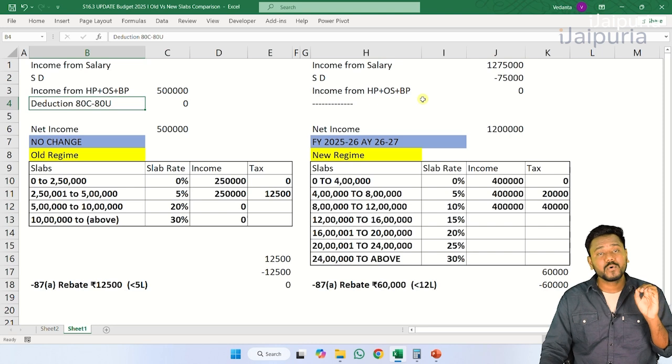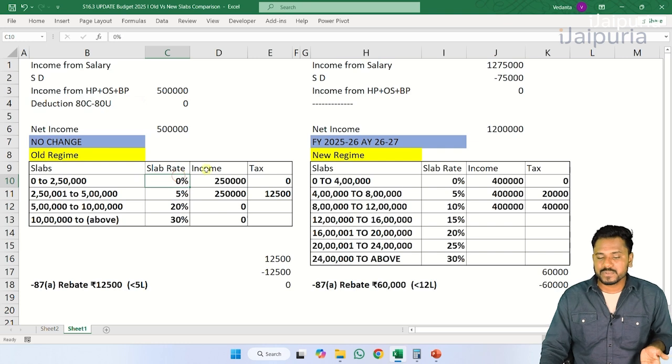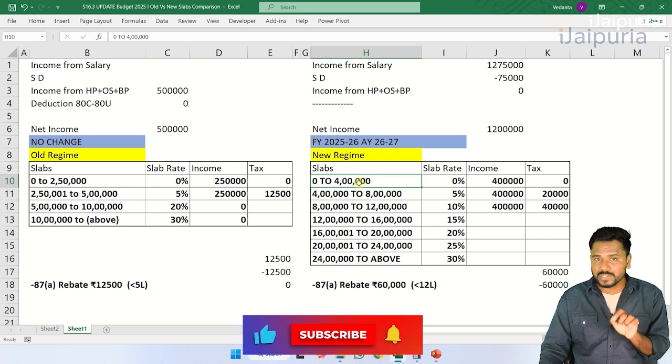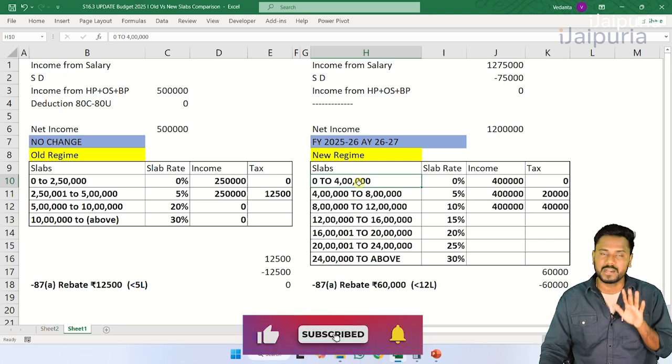And an important thing: all salaried persons can switch from the old regime to the new regime every year. But for non-salaried persons, there will be only two options: to opt out of the new regime, and to opt in to the new regime. Once in future, if you opt in for the new regime, you cannot opt out.